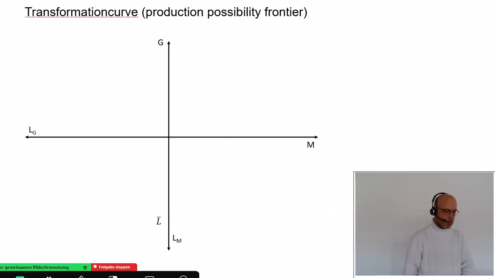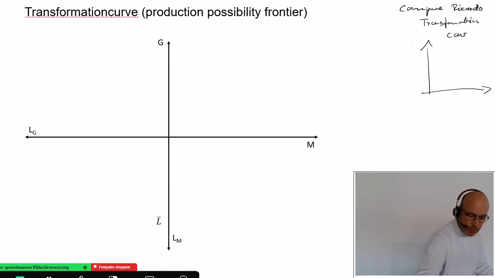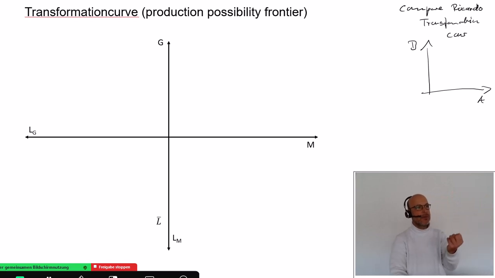And now what we want to do is compare with Ricardo and the transformation curve where we had our two goods, B and A, and there we said, well, we have in general a dependence, since we have only one production factor.